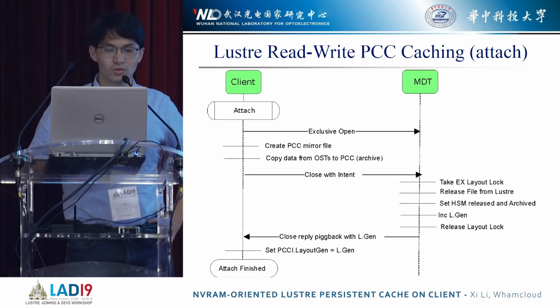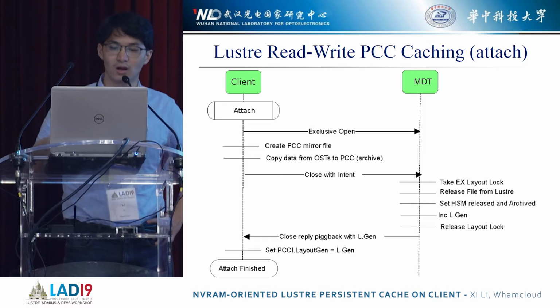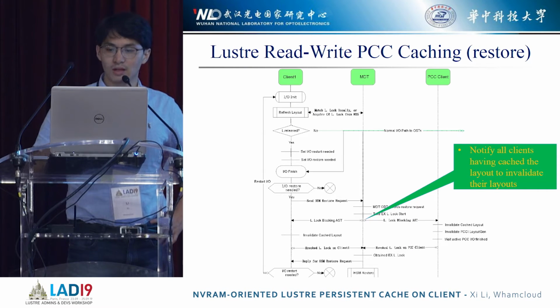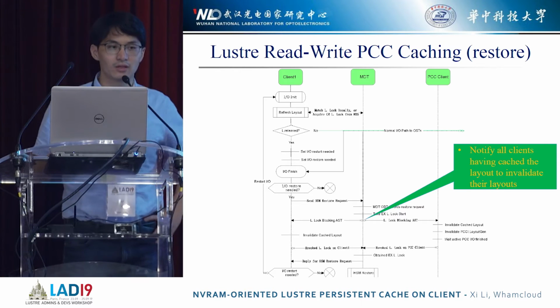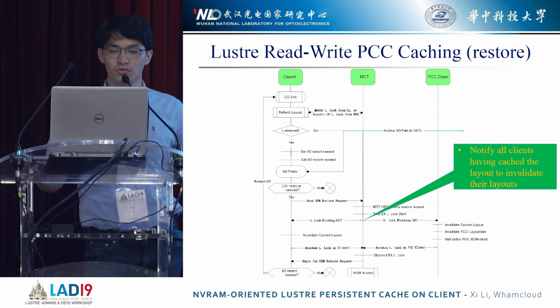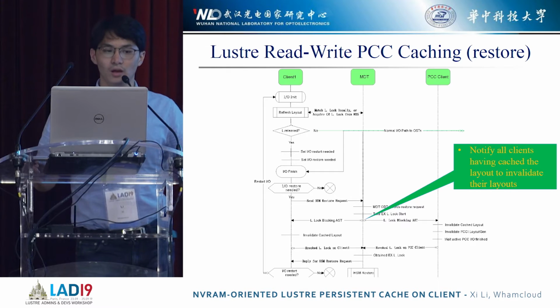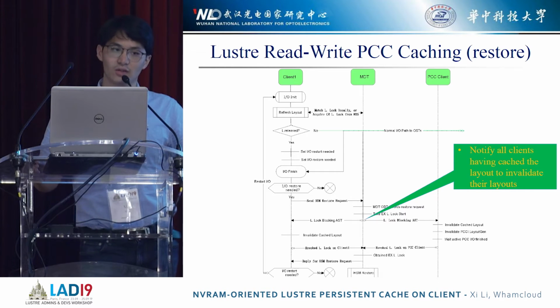So for the implementation, I'm not going to introduce a lot of details here. If you are interested in that, you can check tickets in Jira or the paper. So basically, if we want to cache the data onto the PCC, we need to do a step like attaching the data into the PCC. That could be done automatically, for example by defining a tool in your job scheduler, or done manually.